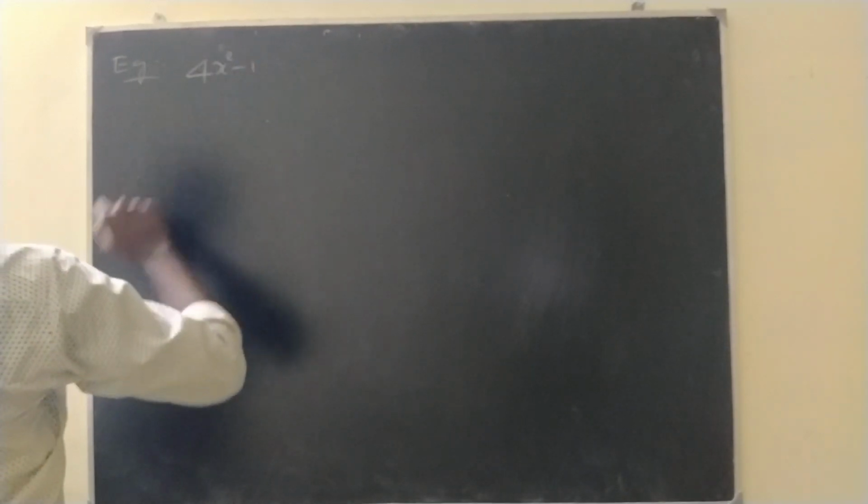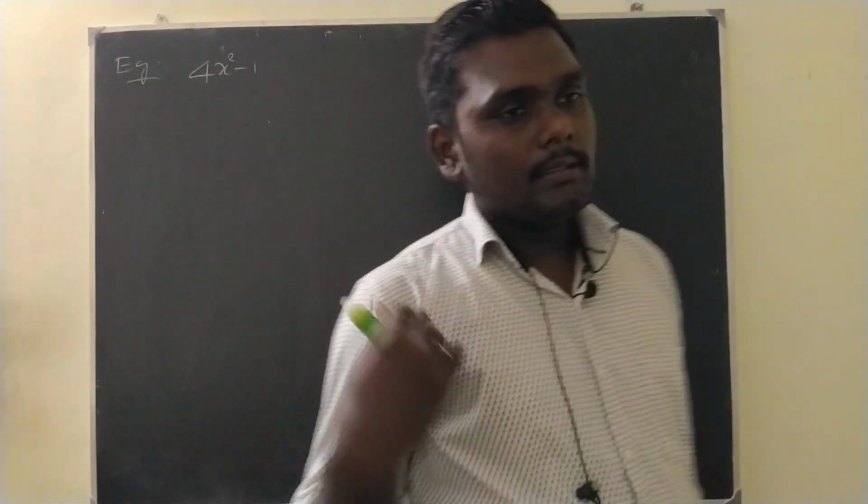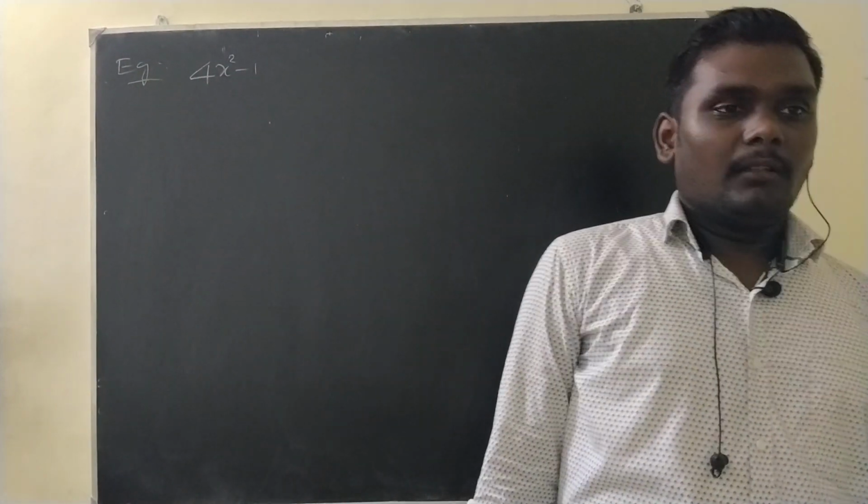Whenever we need to find the zeros of a polynomial, for example 4x square minus 1, we need to find the 0 of the polynomial. For what value the polynomial will get 0? So for that, I am telling you in the descriptive manner, but in objective manner you can directly do.